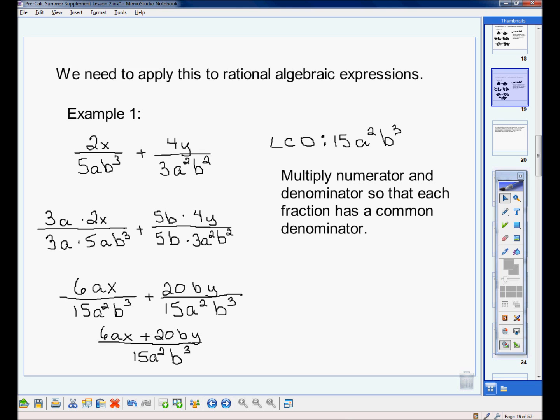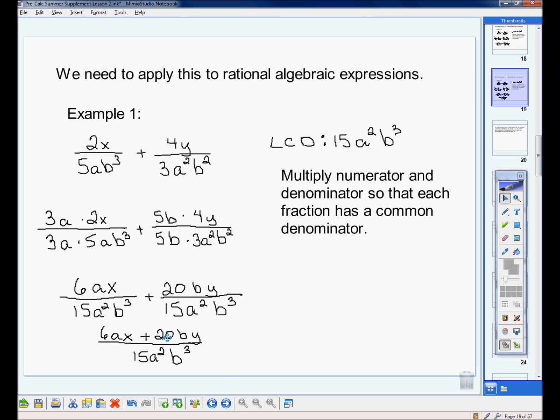Don't forget, we should always check to see if there is any way to reduce the final answer. Now in this case, if we tried to factor this, we could pull out a 2, but since we can't pull out a 2 in the denominator, there's nothing in common that's going to be helpful for reducing this fraction.